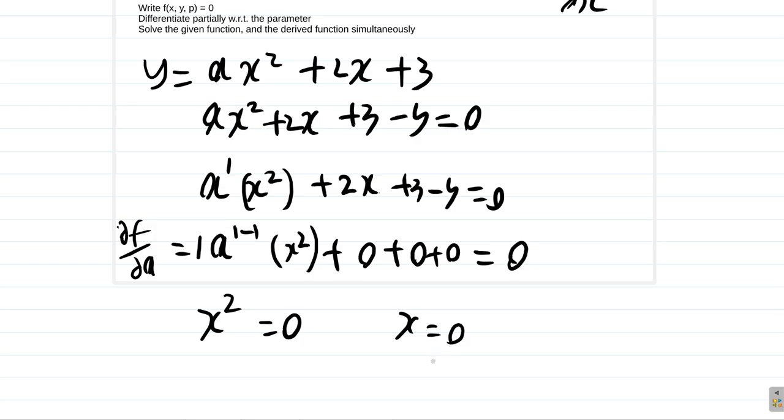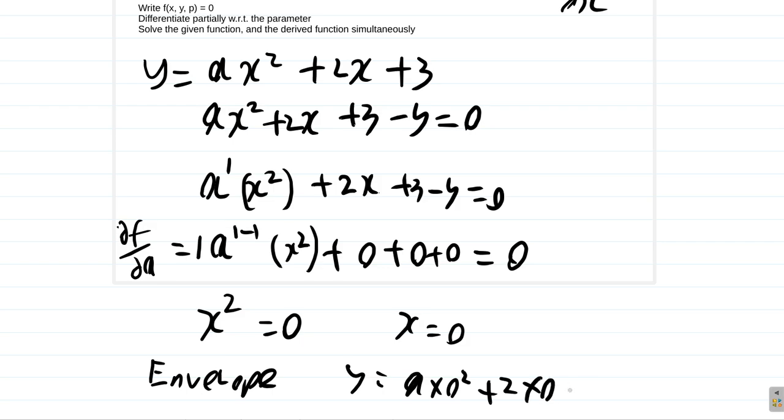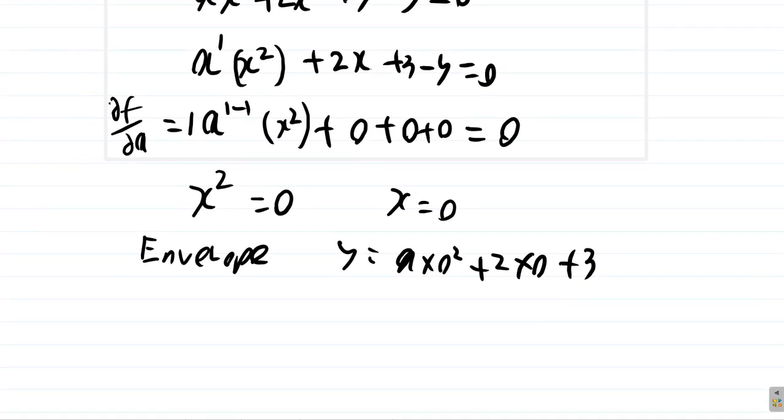Alright? So here, the envelope is found when you solve simultaneously. In this case, you use the substitution method: x equals 0, so y is equal to a times 0 squared plus 2 times 0 plus 3. So what it all boils down to is that y equals 3 is the envelope.